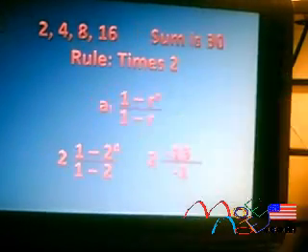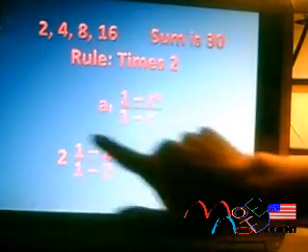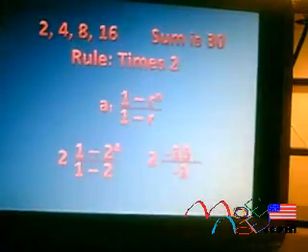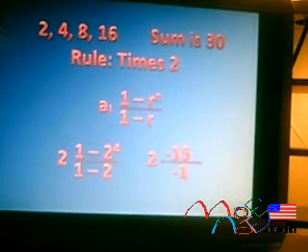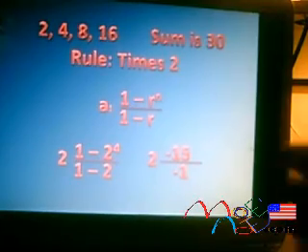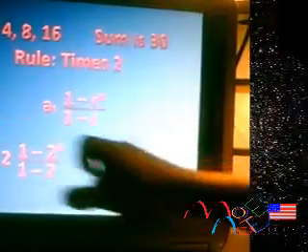So you're going to get 2 times negative 15 over negative 1. Negative 15 divided by negative 1 is 15. 15 times 2 is 30. So this does work to find the sum of a geometric series.